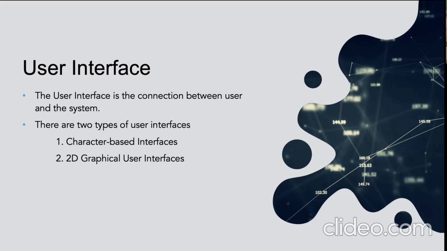GUI uses graphical elements such as icons, windows, buttons, or drop-down menus for user interaction. Instead of relying on text commands, users interact with the system by clicking, dragging, or dropping elements on the screen.